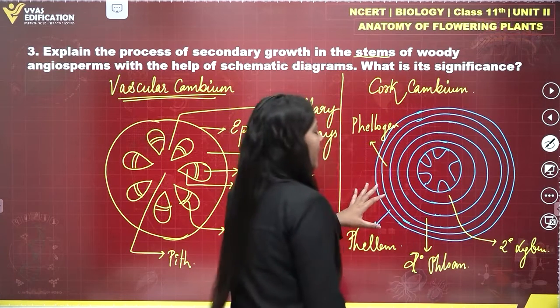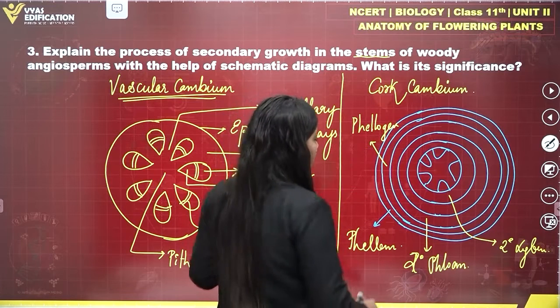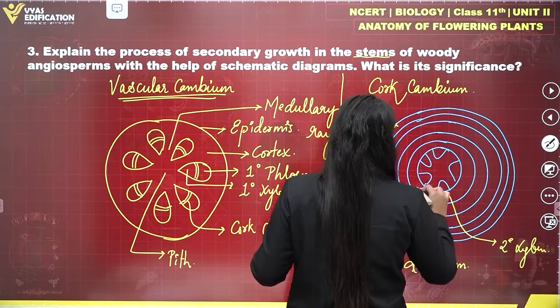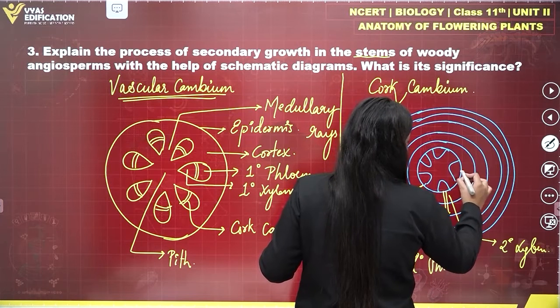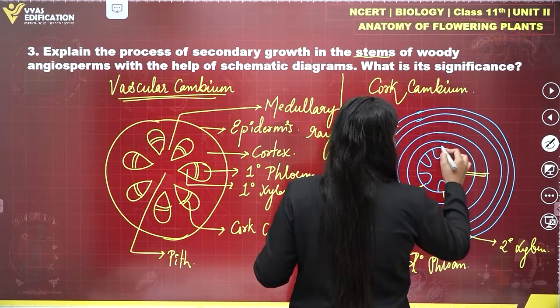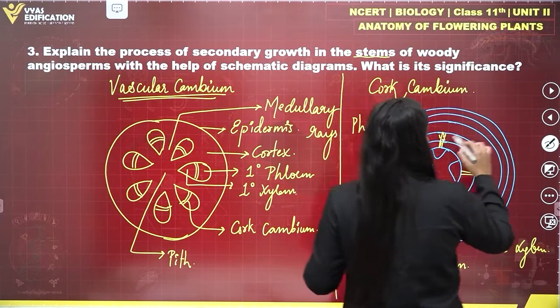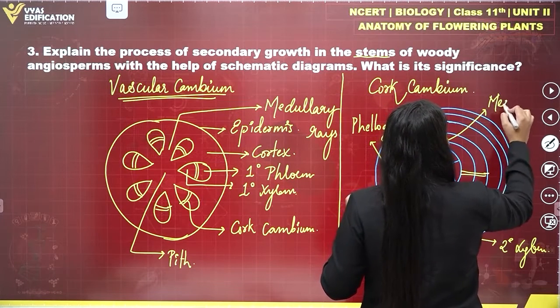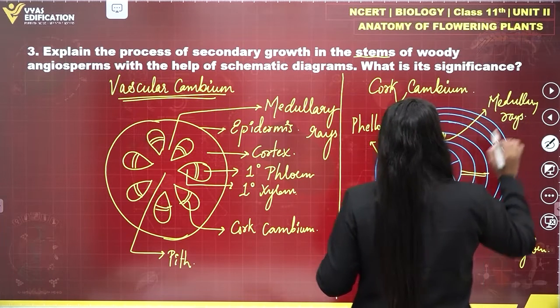Now you are going to make rings, the cambial ring and medullary rays. These are medullary rays like this. Let's write first of all this as medullary rays, right?